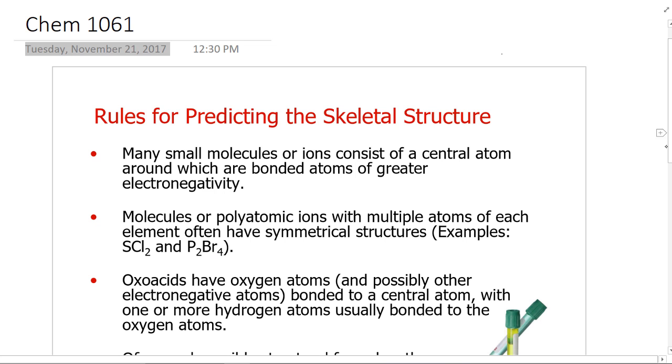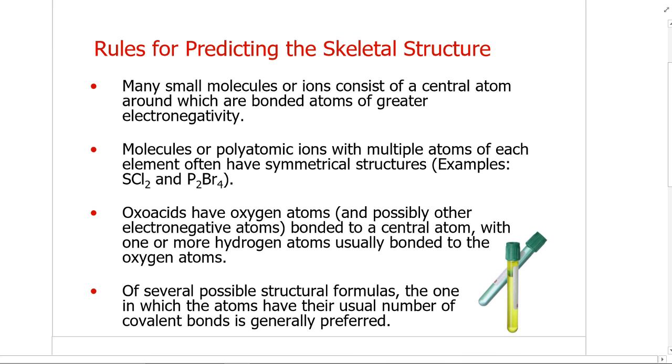So coming back to this here then, we look at molecules or ions and try to figure out which one goes in the center. We usually pick the one that has the lowest electronegativity and put it in the middle. Secondly, if we have molecules or polyatomic ions with multiple atoms of each element, these often have symmetrical structures. This should have read S2Cl2, not SCl2, but S2Cl2.